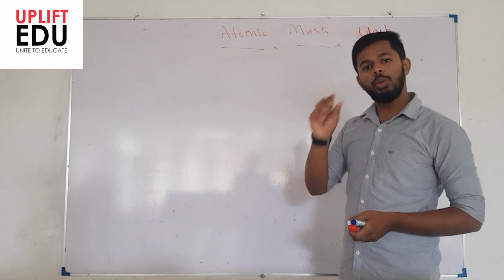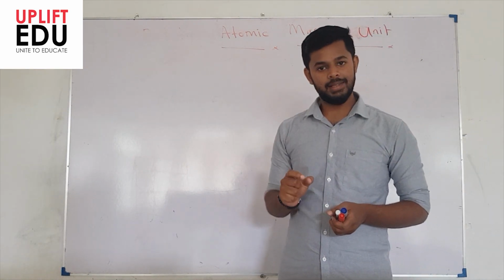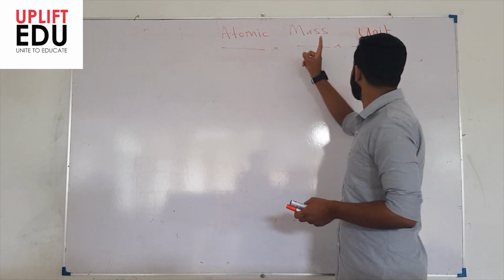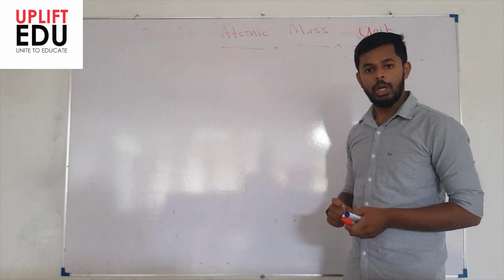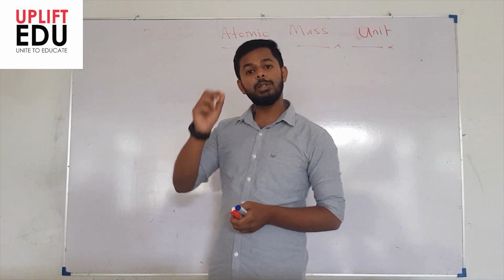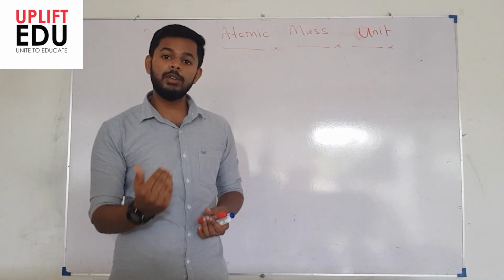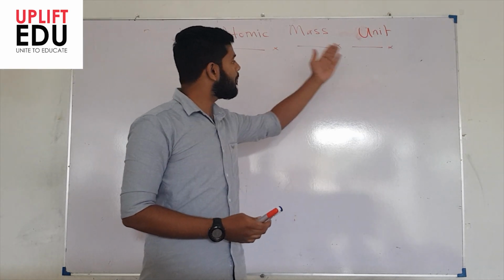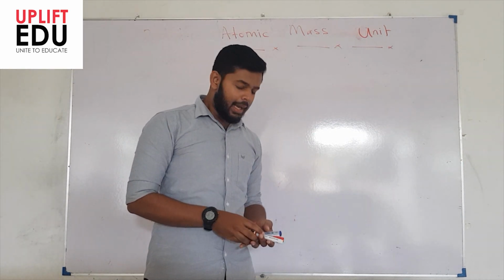This unit will have a constant mass, and for that unit we give a special term called atomic mass unit. As a definition, we can say the mass of the unit to which the masses of other atoms are compared is called the atomic mass unit.